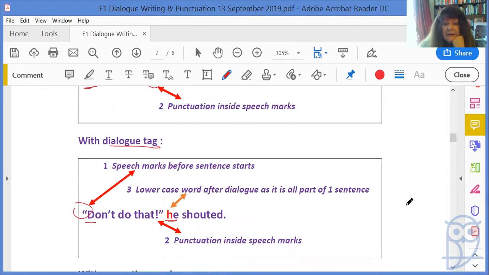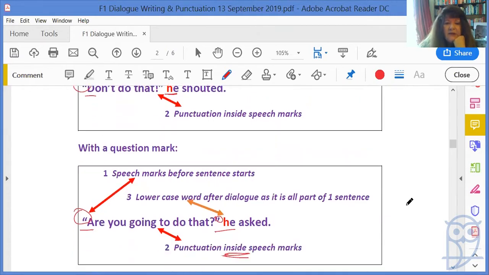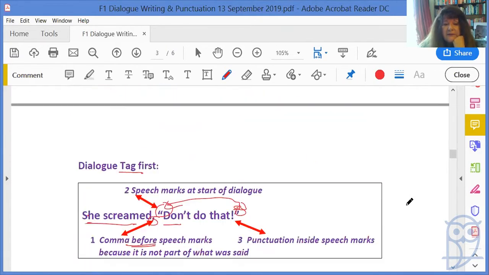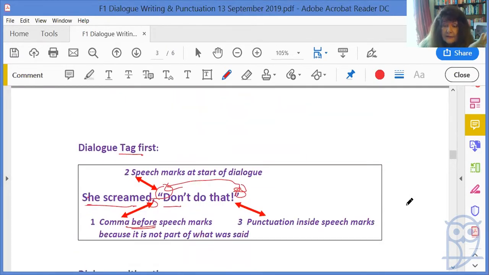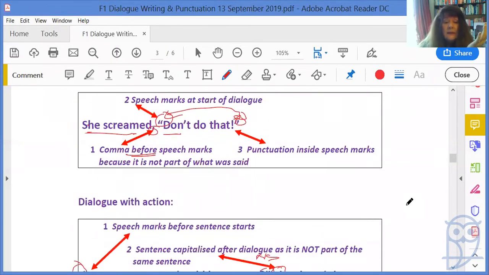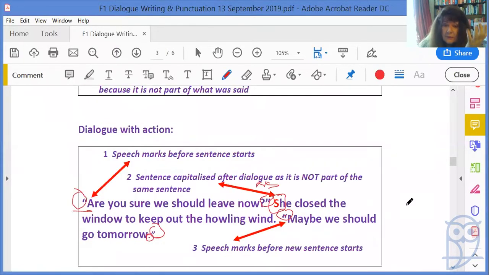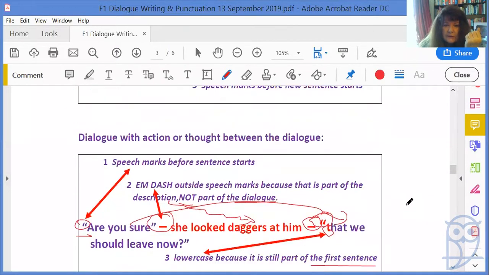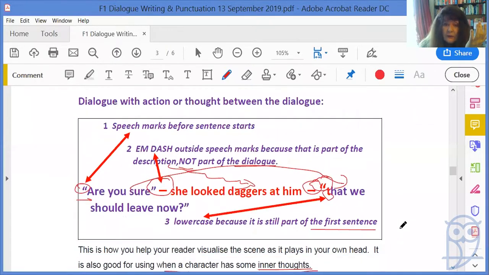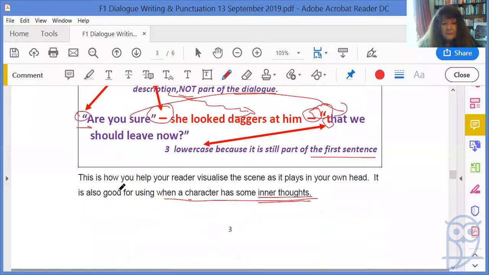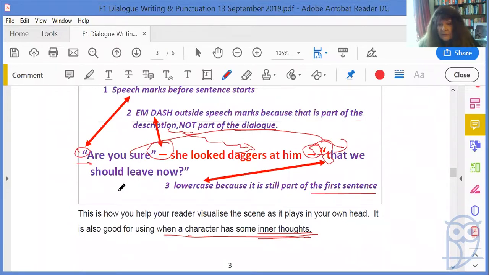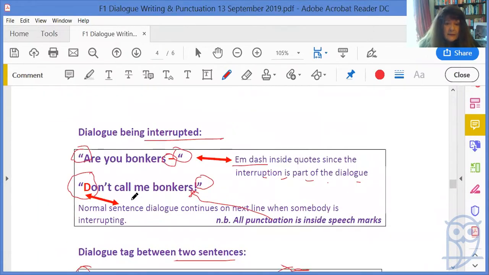Exclamations, dialogue tags, question marks, dialogue tag first instead of after the sentence, dialogue with action in between it could be very revealing, could help with your plot. Dialogue with action or thought between the dialogue, using an M dash as it's called. Remember, part of the description rather than part of the sentence.